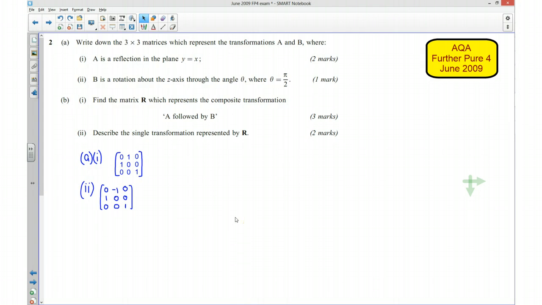So we reverse the order in which we find the product. So for the first part of part B, R is going to be equal to B times A.